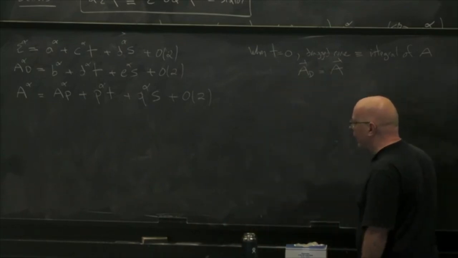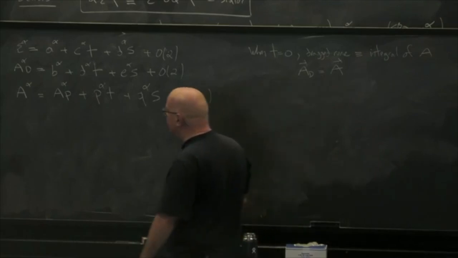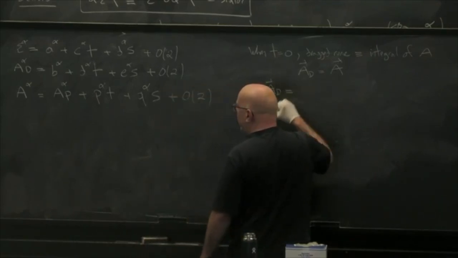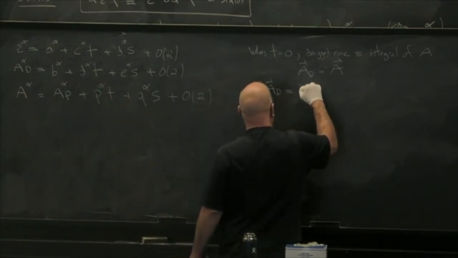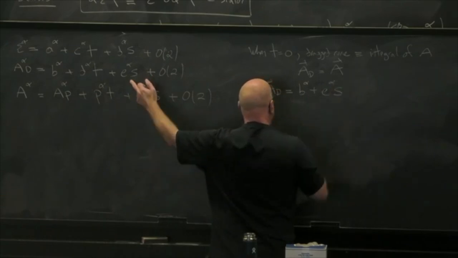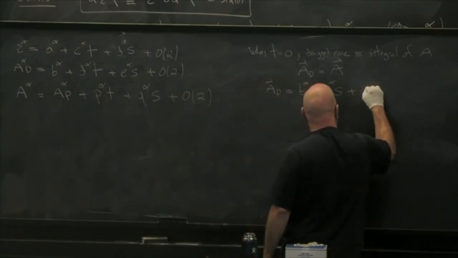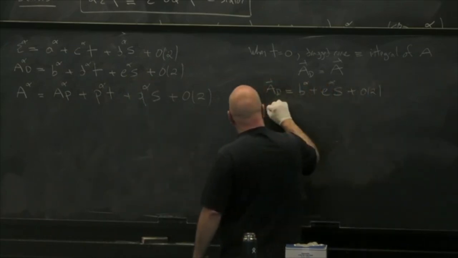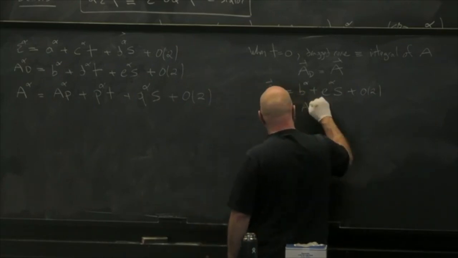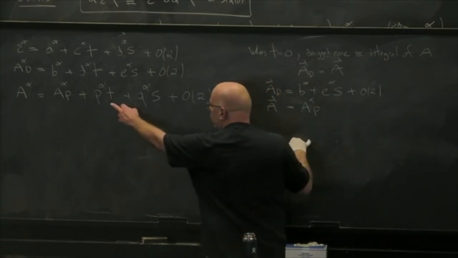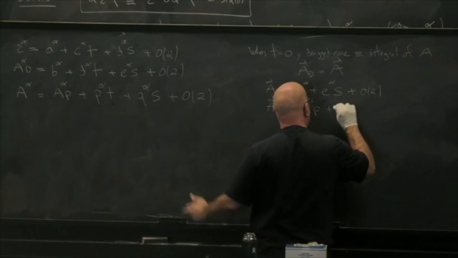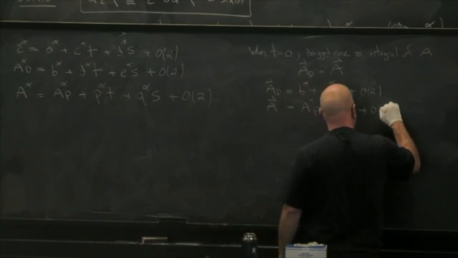So we can incorporate this information and say that when t is equal to 0, well, the drag field, according to the Taylor expansion, that's going to be B alpha plus E alpha S plus second order terms. Whereas the original vector field at t equals 0, well, that's going to be the value at P. T is equal to 0, so it's going to be Q alpha S plus higher order terms.